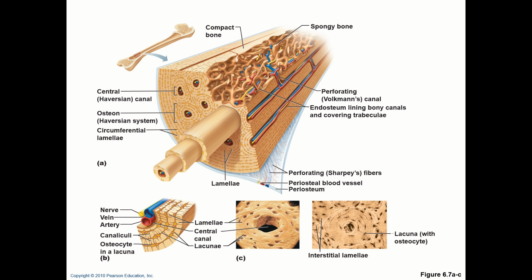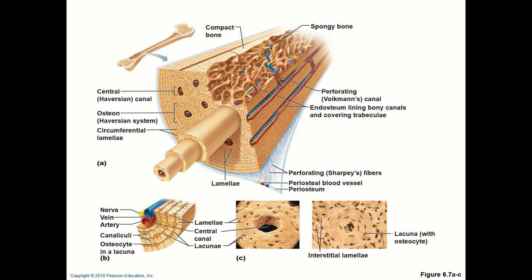Between the osteons will be lamellae called interstitial lamella. Interstitial means between. The Volkmann's canals are pictured running at right angles to the central canals, and you can see that they run from the periosteum all the way through the bony matrix of this bone collar and then end up deep in the spongy bone on the interior.